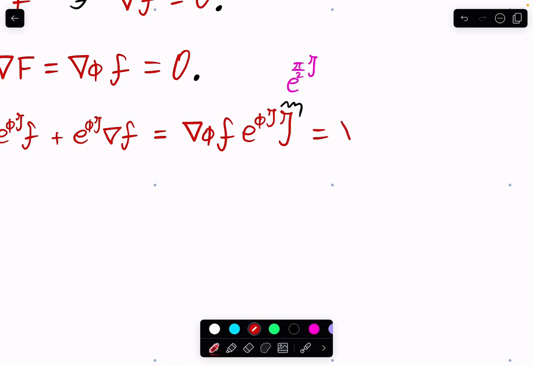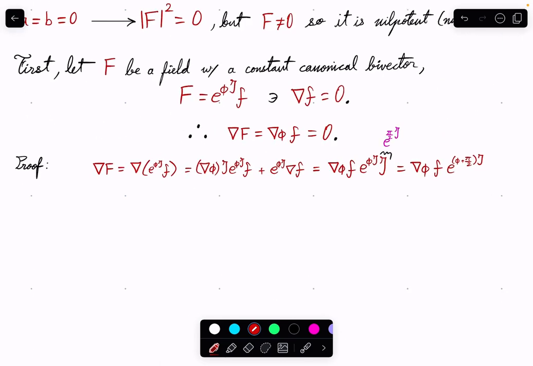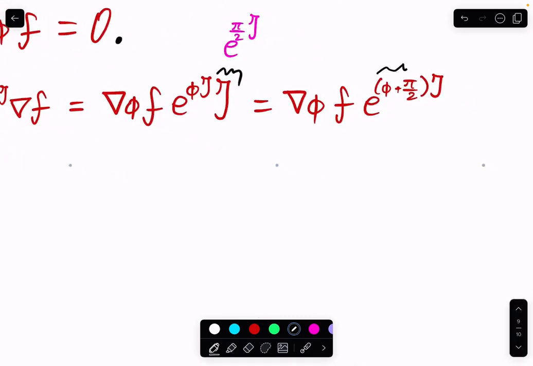So you can simplify the right-hand side: gradient of phi f, and then e to the phi plus pi over 2 I. And we can just, from now on, call this term alpha.